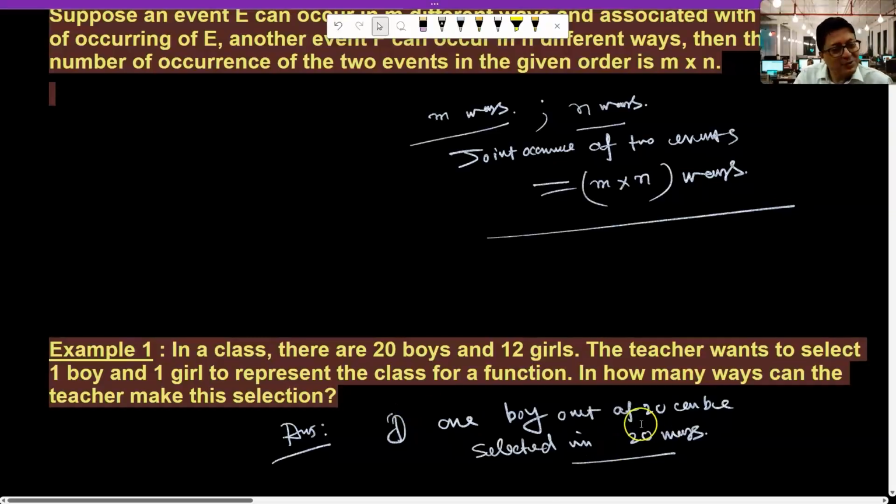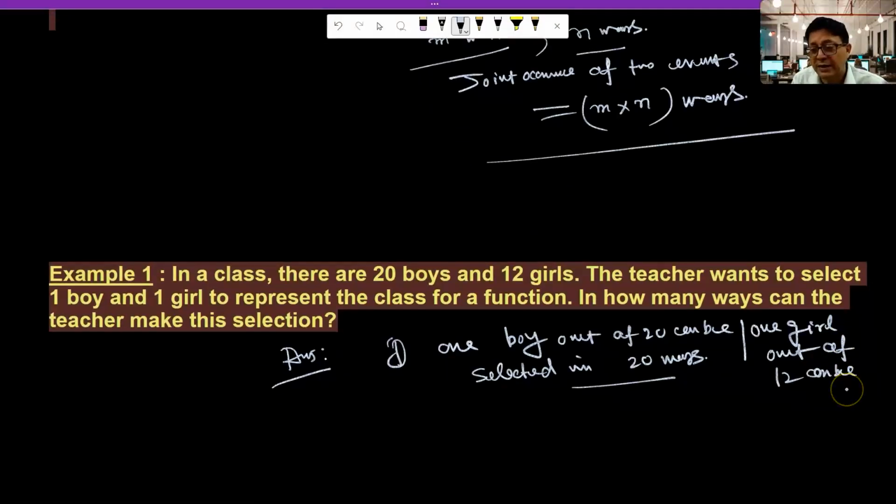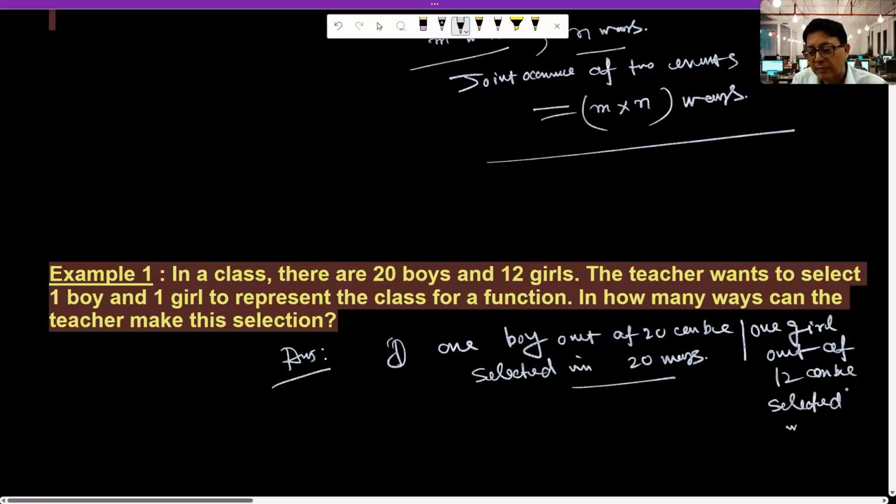So it can be done in 20 ways. And one girl out of 12 can be selected in 12 ways.